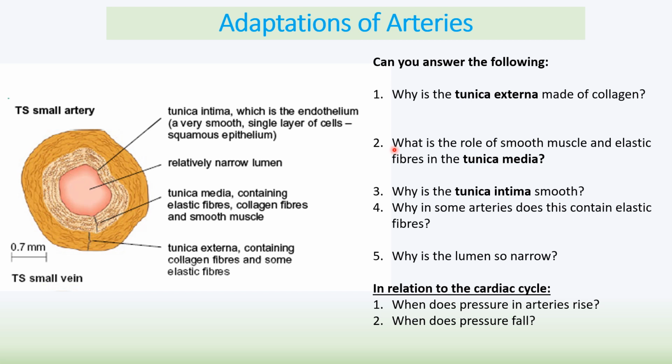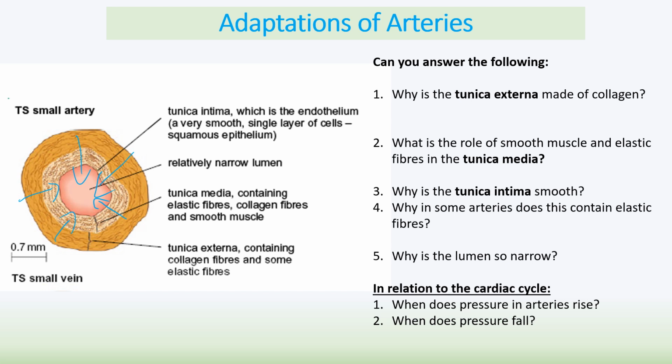In the tunica media, there is a lot of smooth muscle and elastic fibers. Elastic fibers make up about 50% of the artery walls, and when the pressure in the artery pushes outwards, the elastic fibers can stretch, but when the pressure then subsides, the elastic fibers will recoil, pushing inwards, maintaining the high pressure of the artery.